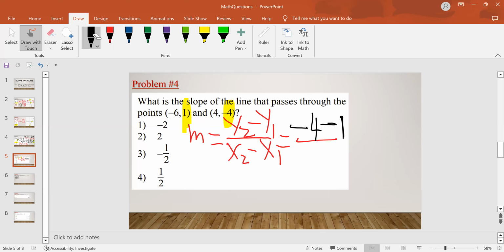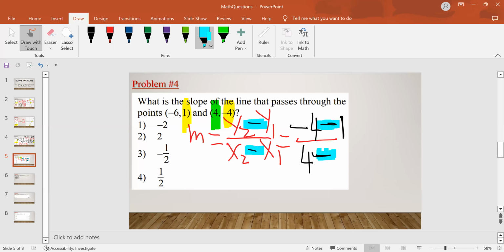Divided by, that's the tricky part, x2. What is x2? Let's highlight, it is this 4 here, the x value of the second point. So I'm going to have 4 minus. Remember, let's highlight because it's very important: this minus here is from the formula, because the formula says take y2 minus y1, take x2 minus x1.